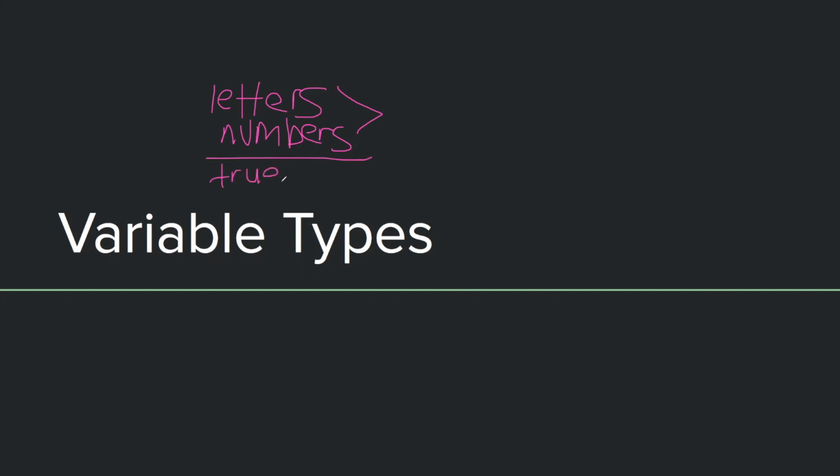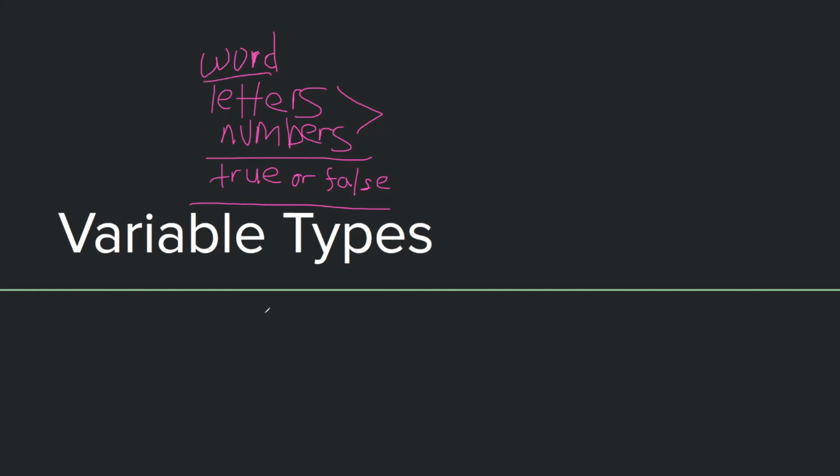This is a new one. And here we have these three variable types. There's one more that is also very common, but it's classified in a different place. It's word. So words can also be held in variables, letters, numbers.